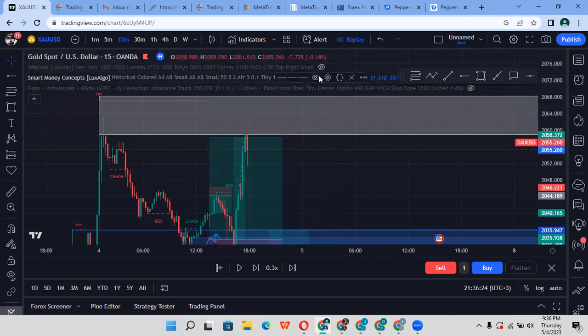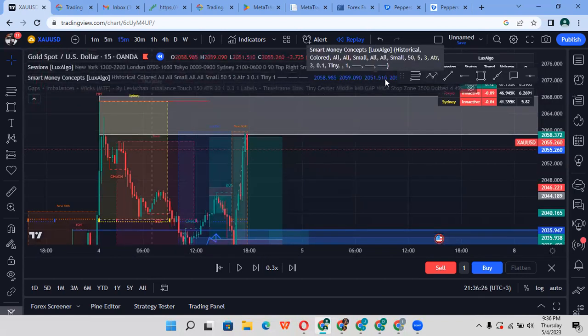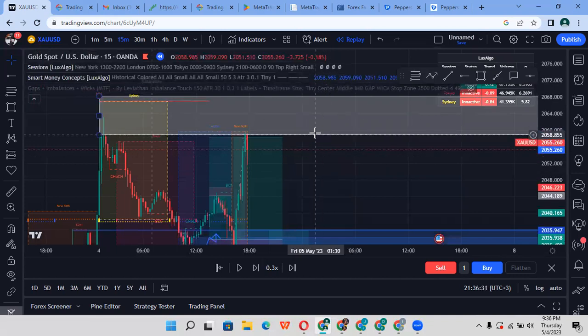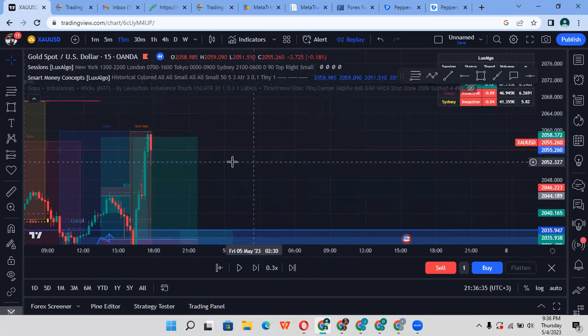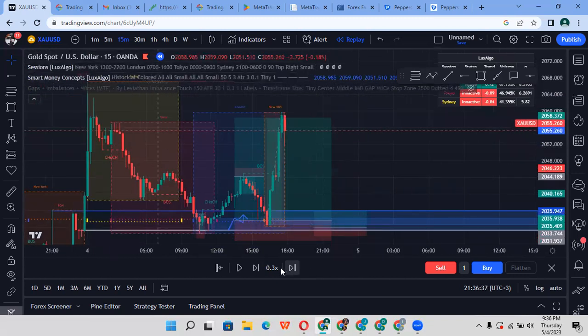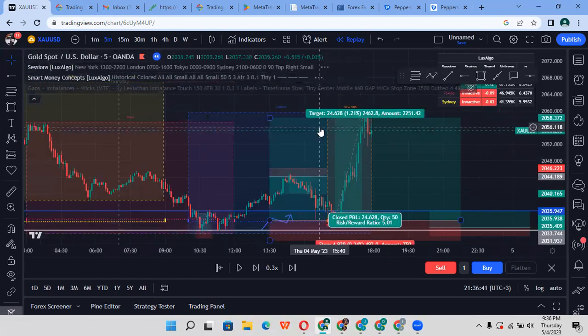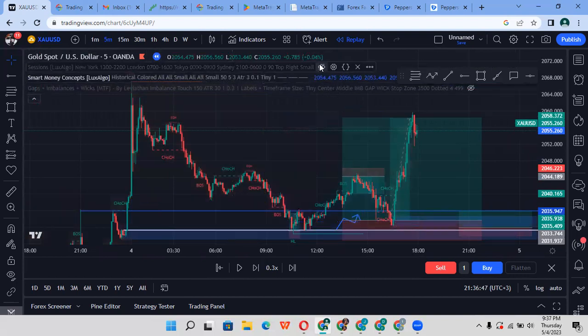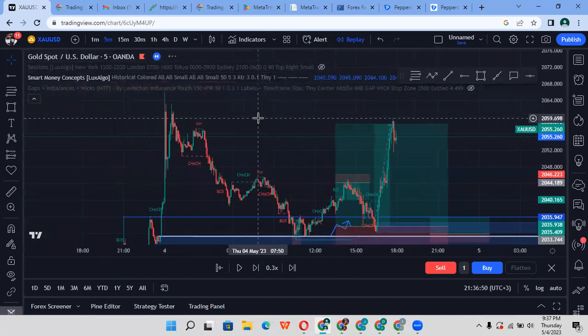But guess what? For me, I waited for a sell. I actually waited to sell this gold from somewhere. Maybe it was New York session. I remember the higher time frames we did not have the higher time frames.